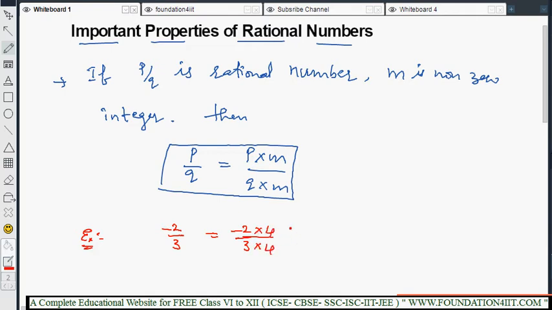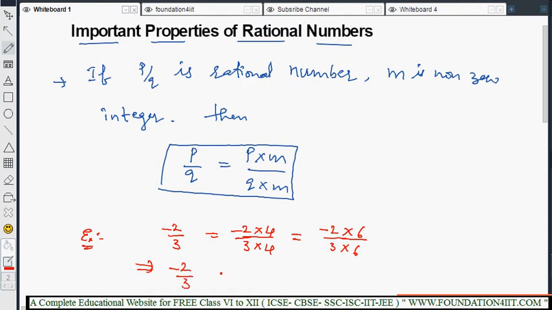This is exactly equal. Any number you can multiply, or this is equal to minus 2 into 6 by 3 into 6. So the final result is the same.